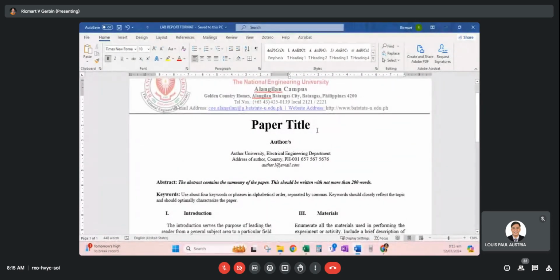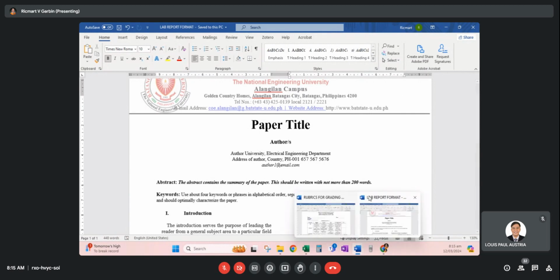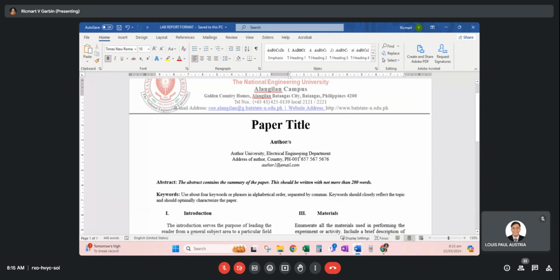Say for example, laboratory activity na ang ilagay nyo since this will be an activity naman, not merely an experiment talaga. So, halimbawa, laboratory activity number 1.1, then 1.2 to 1.5 ata yun. So 5 experiments for laboratory activity number 1.